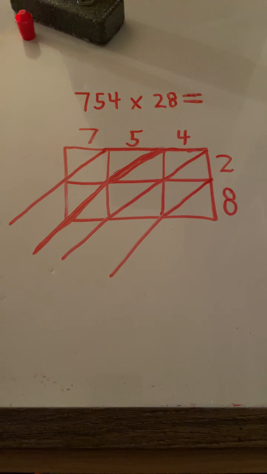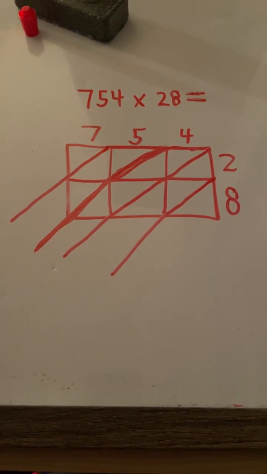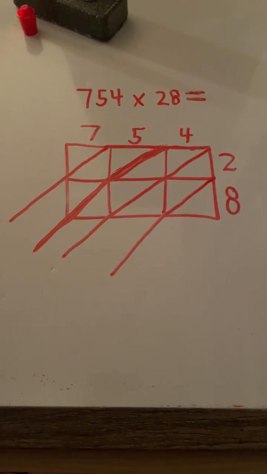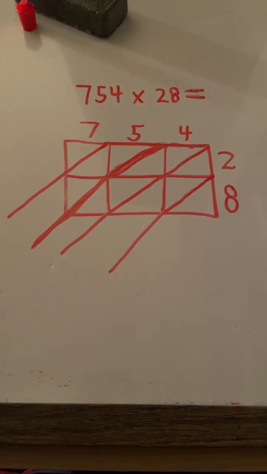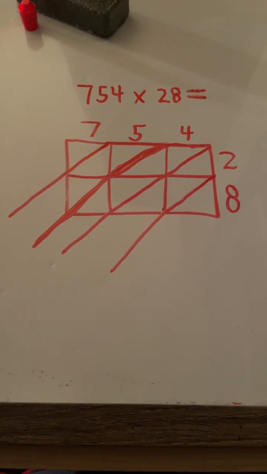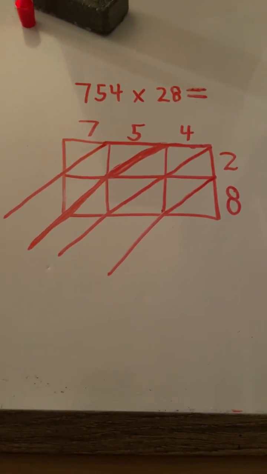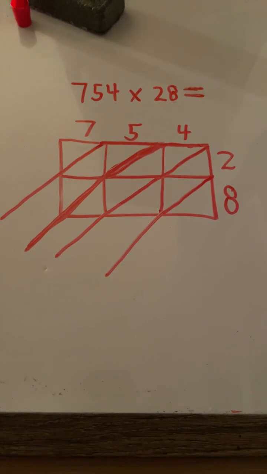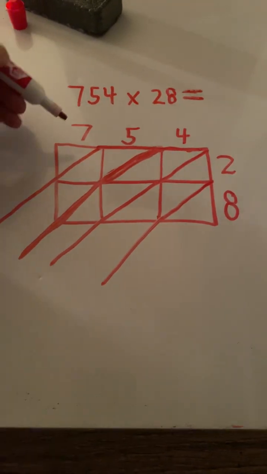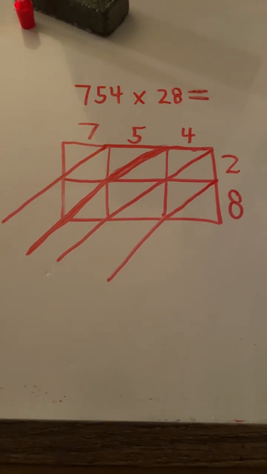So this video is going to focus on 3-digit by 2-digit multiplication using what I call the lattice method. Not what I call, that's the name of it. It's called the lattice method. That's the method we're using. For the lattice method, each digit gets its own box.